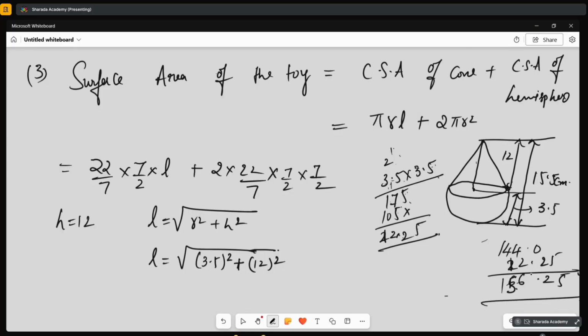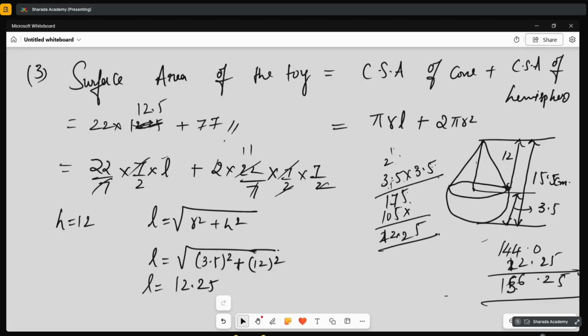So how much will you get? You are getting the root of that. So L is equal to 12.5. You have to put 12.5 and calculate. This will be the answer.